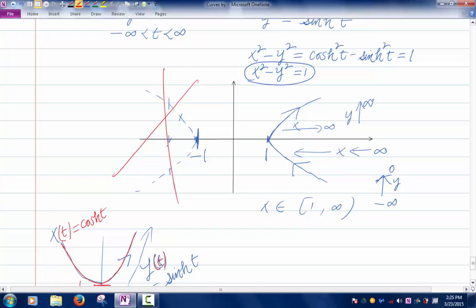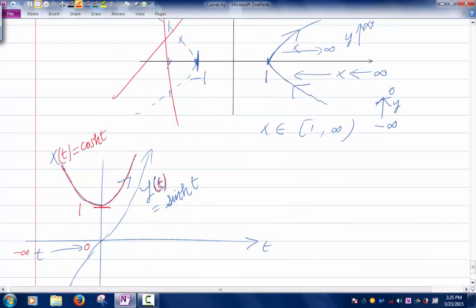And then what's happening? Once again, if you go back to the graph of x and y, as t goes from 0 to infinity, now x is going back up again, right? X is going from 1 to infinity, y is going from 0 to infinity. So right at this point, y is 0, x is 1. So now we know that x is increasing from 1 to infinity, y is increasing from 0 to infinity.